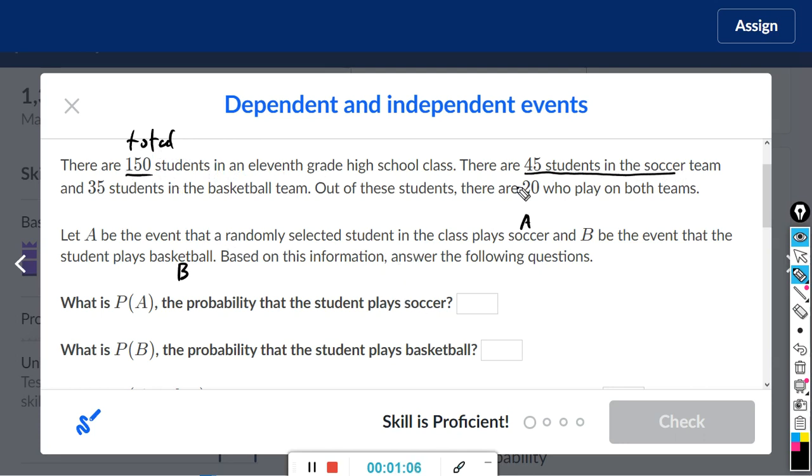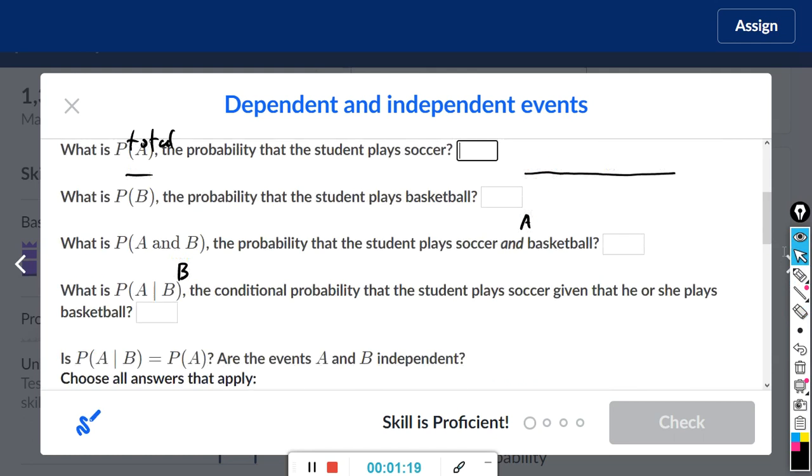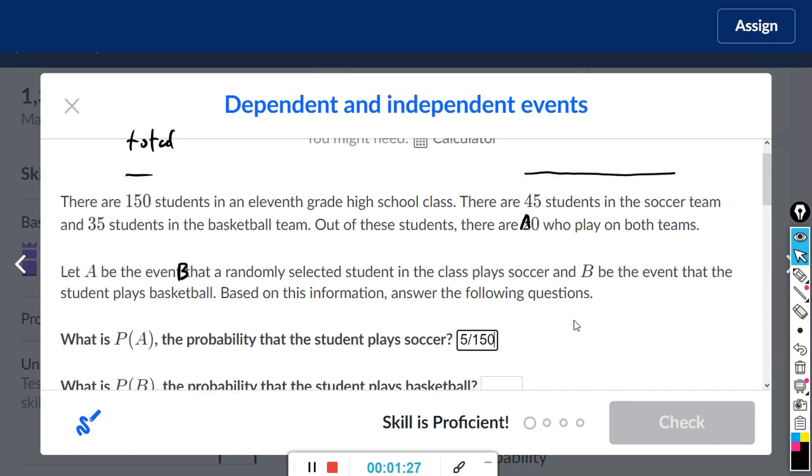So for soccer, it's going to be 45 out of 150. I might as well just type it in the box. So in the box, you just type 45/150.